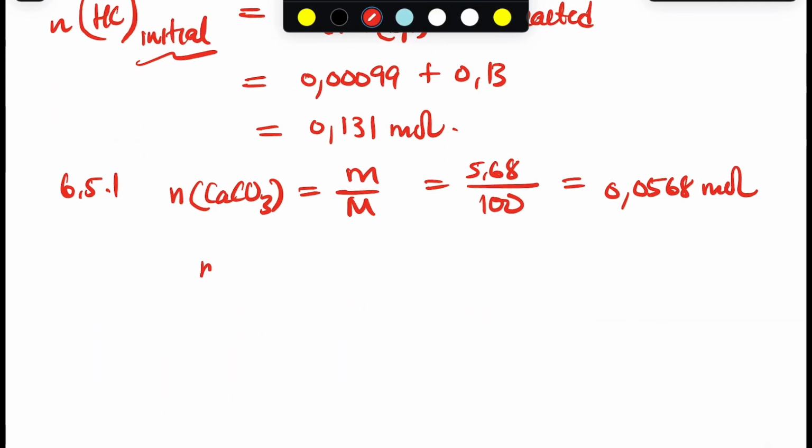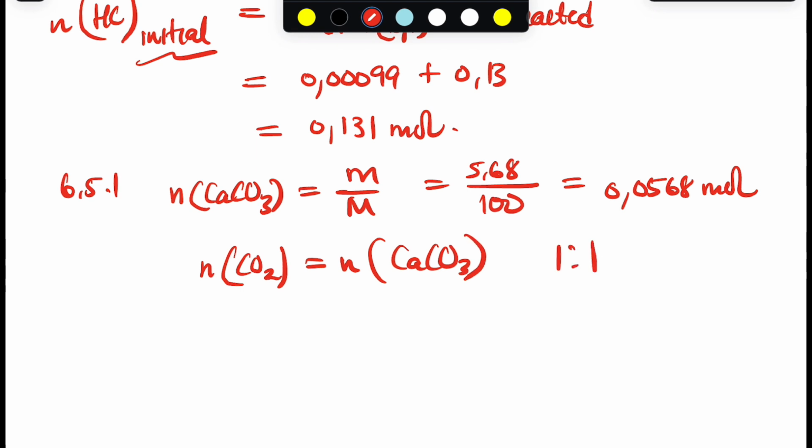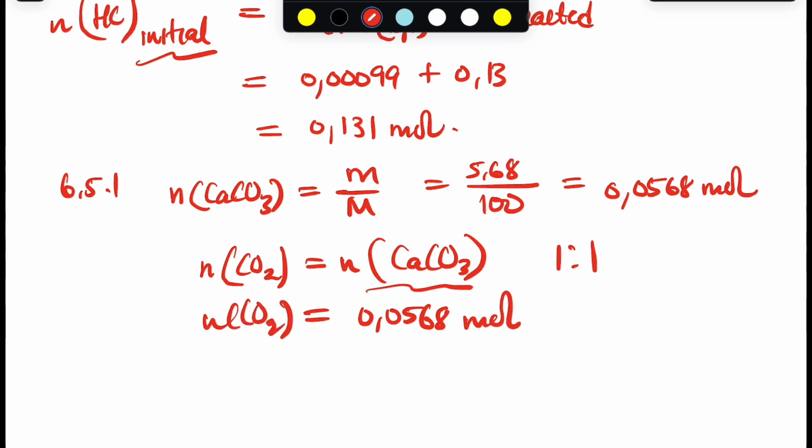So the number of moles of carbon dioxide is equal to the number of moles of calcium carbonate, because the mole ratio is 1:1. The calcium carbonate is 0.0568 mole. So the number of moles of carbon dioxide produced is the same.